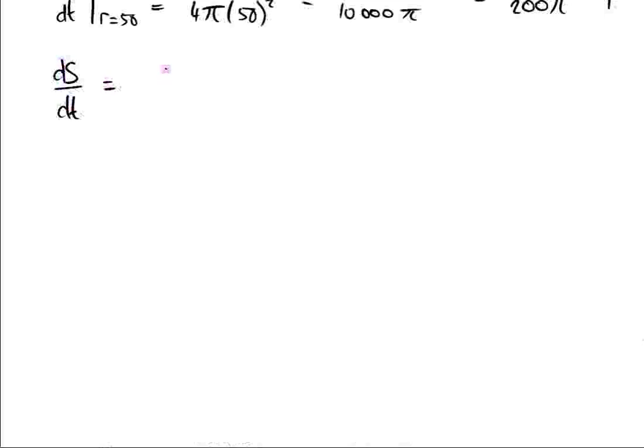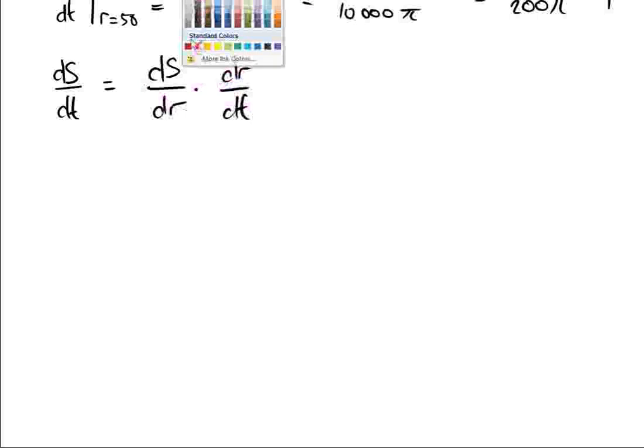Well, again, this is going to be the surface area with respect to the radius, which we can work out fairly simply, and the radius with respect to time, which we already have from the previous part.